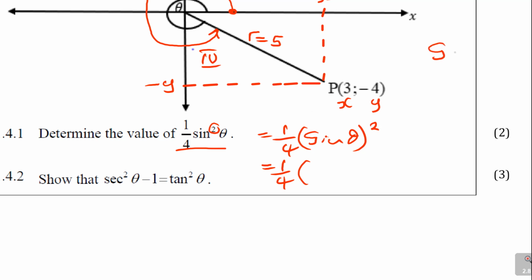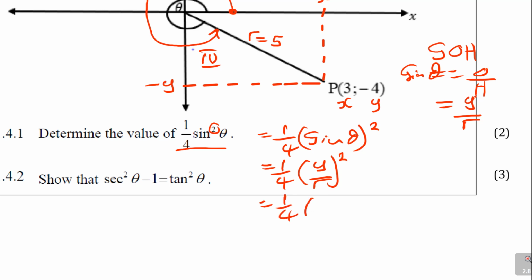SOHCAHTOA, sin theta is equal to O over H. Opposite is y, hypotenuse is r. So you can say y over r squared, which is equal to 1 over 4. What is your y? It's negative 4 over, what is your r? It's 5, and then you square that.